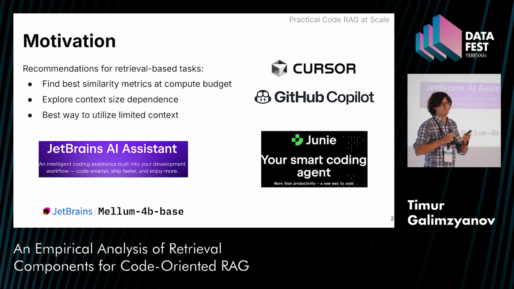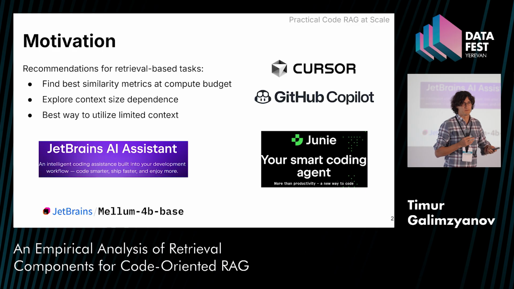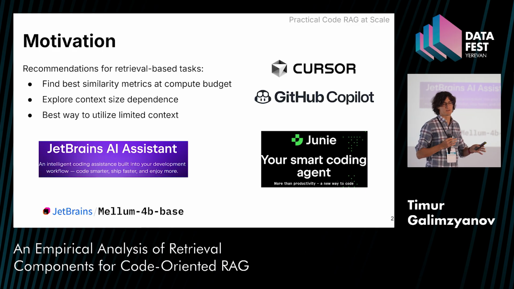Most of you are, I think, using various kinds of code assistants. It could be Cursor, GitHub Copilot, or maybe you're using agents. Maybe you know Junie from our company, or the JetBrains AI Assistant, or you're using just completion.